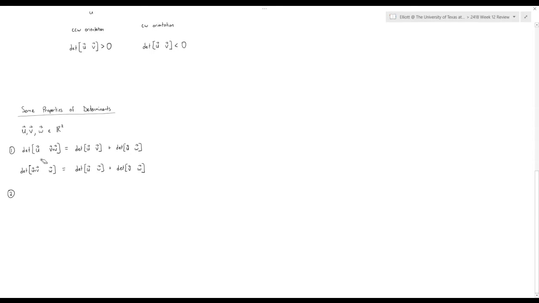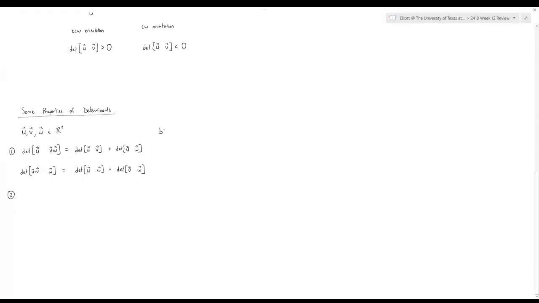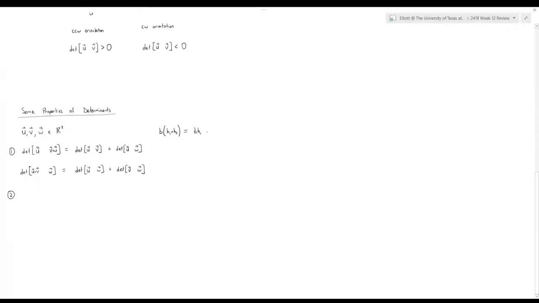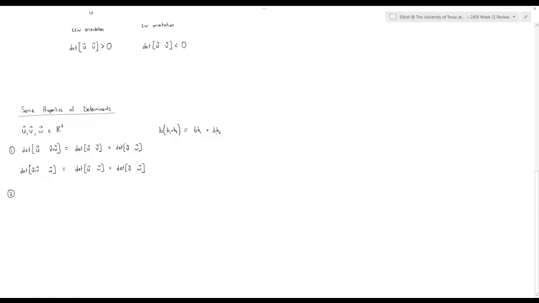So if you think of v and w as representing the height, here we're saying if you take the base and then let's say the height is the sum of the heights of v and w, then when you compute the area by doing base times height, it's the same as adding the areas of the two parallelograms determined by u and v and u and w.